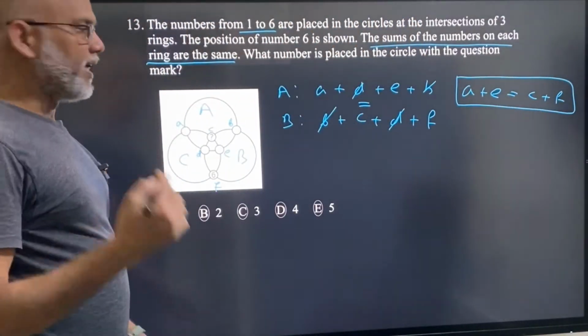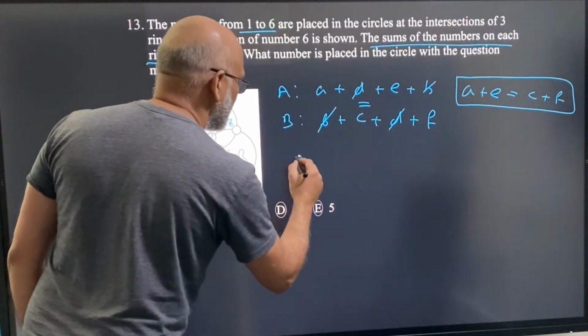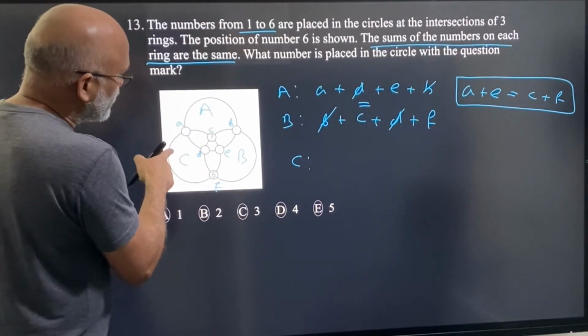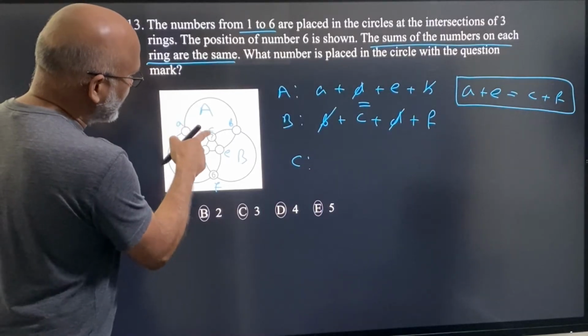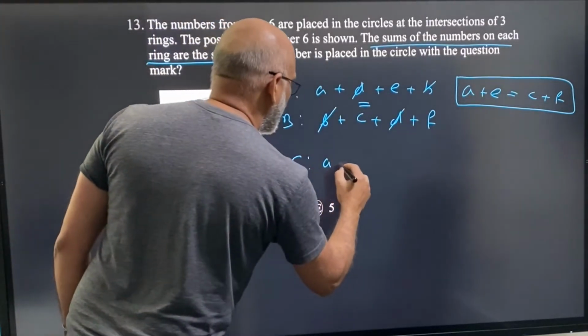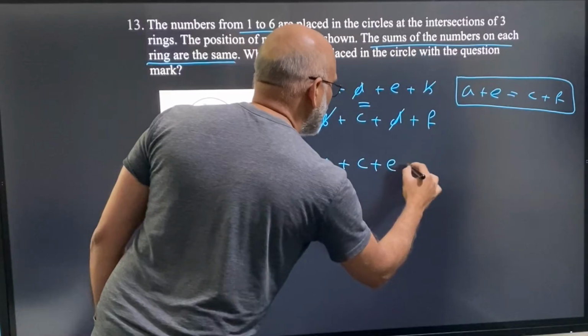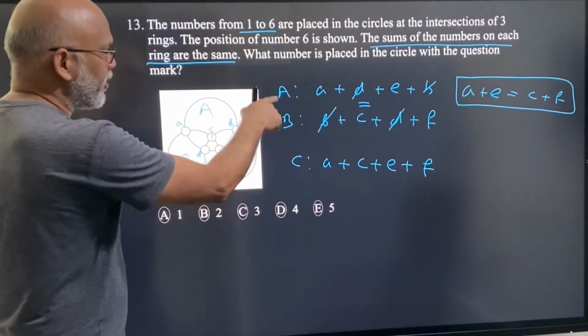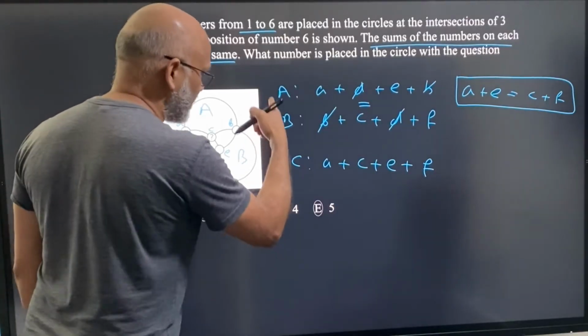All right. Similarly, let me write down C, the other circle C. What numbers go on C? A, C, E, F. Let me write down one of these circles again. I can choose either one.